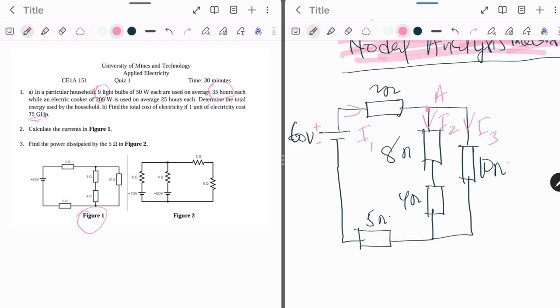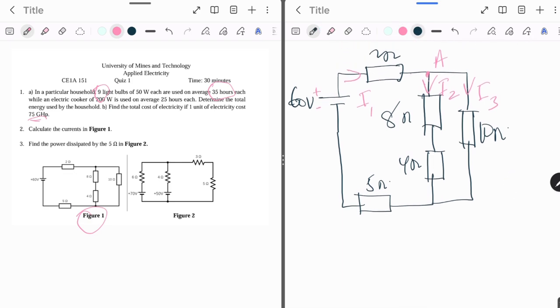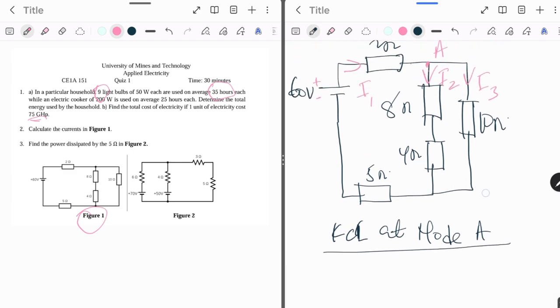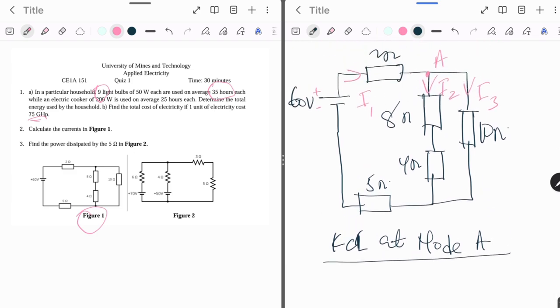Now the next thing will be to apply Kirchhoff's current law at node A. You can see that at this node A, we look at the currents entering and the currents leaving. The sum of currents entering will equal the sum of currents leaving.